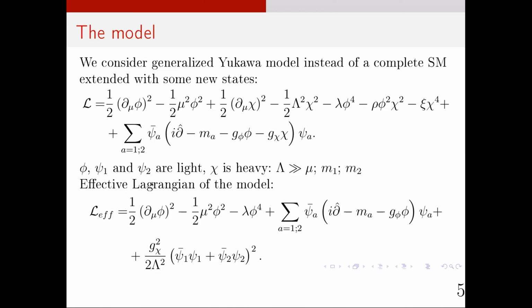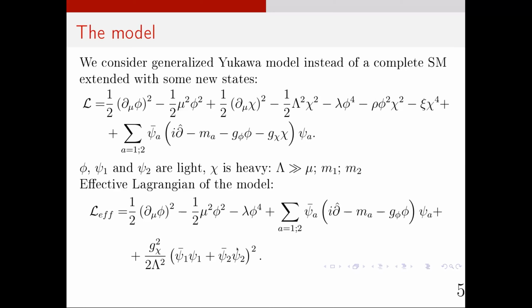We derive effective Lagrangian of this model. Here you can see this Lagrangian in the limit when the heavy boson decouples. This Lagrangian consists of two parts. The first part, given in the first line, describes dynamics of the light sector of the model. And the second part, given in the second line, describes contribution of interactions with the heavy scalar in the limit when heavy scalar is decoupled.